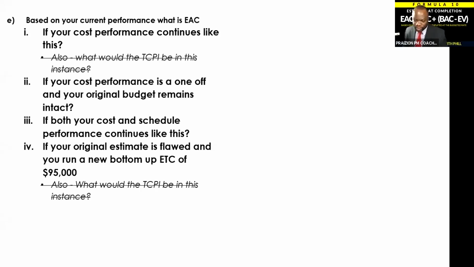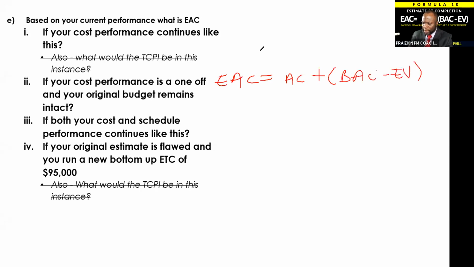All right, so using that one, we're going to end up solving number two now. Anytime I share, the previous stuff goes away, but let's focus on number two again. EAC equals AC plus BAC minus EV. The actual cost is, what is our actual cost? 40K, thank you.